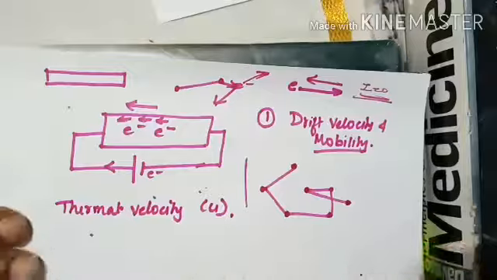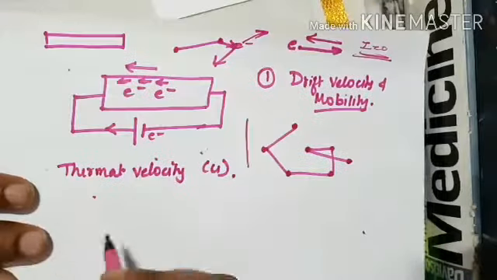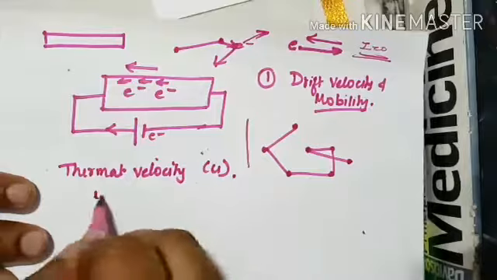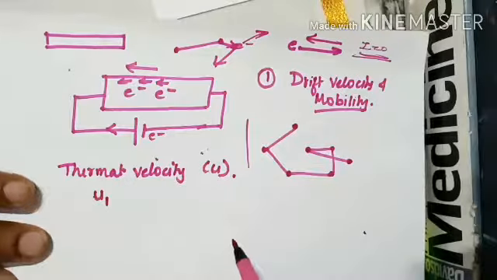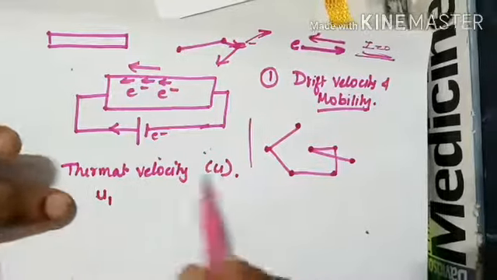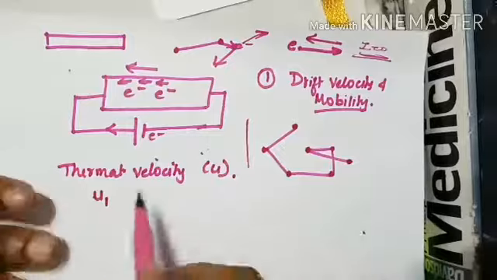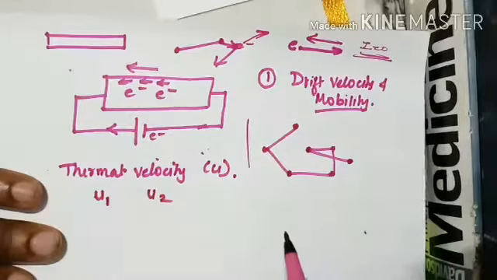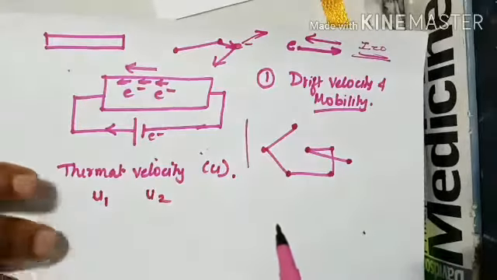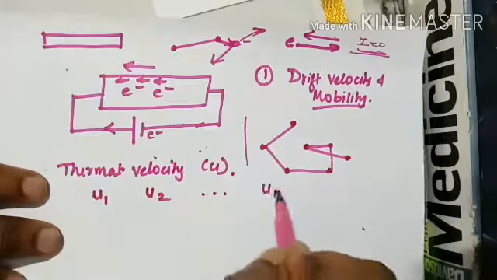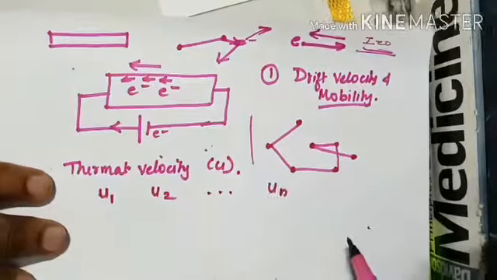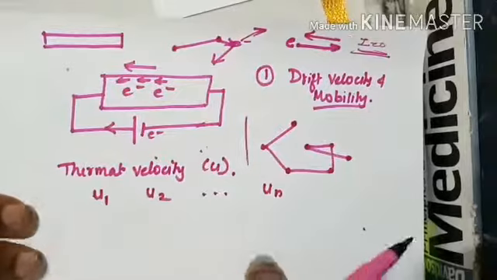This much clear? So when I am considering the first electron, let it have a thermal velocity of u1. U is a representation of thermal velocity. Second electron, let it have a thermal velocity of u2. And it goes on, n electrons are there, and un is the thermal velocity of the nth electron, right?